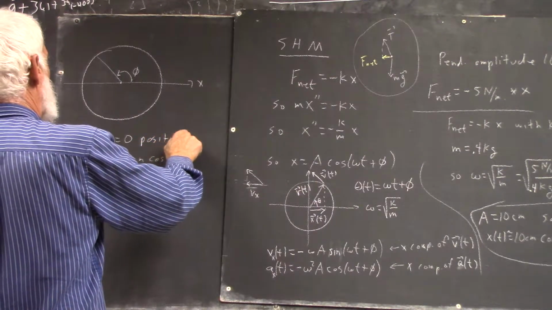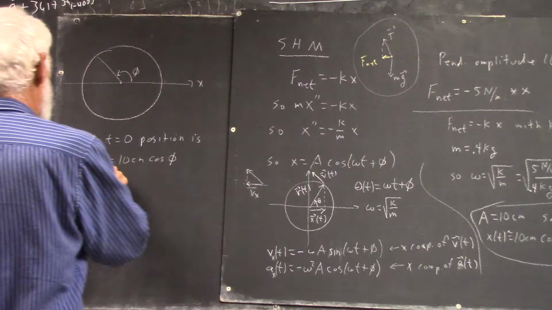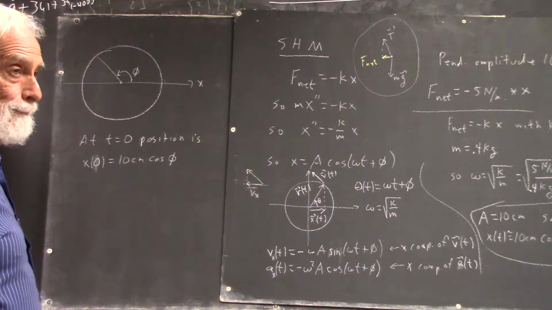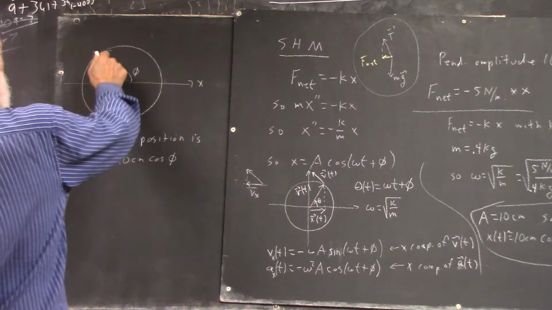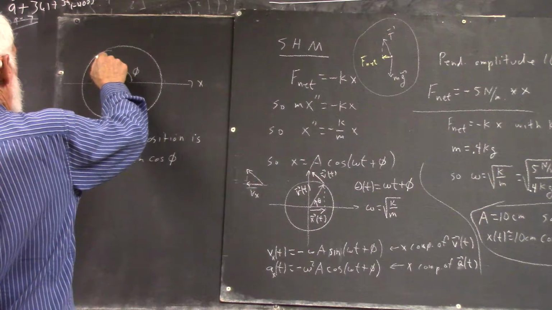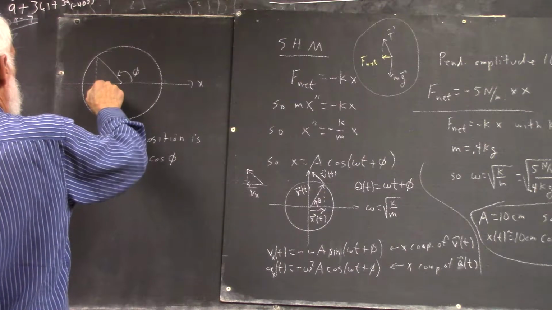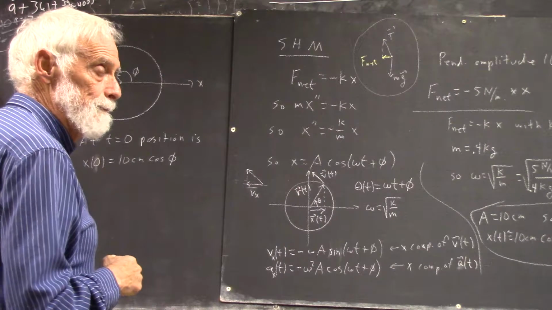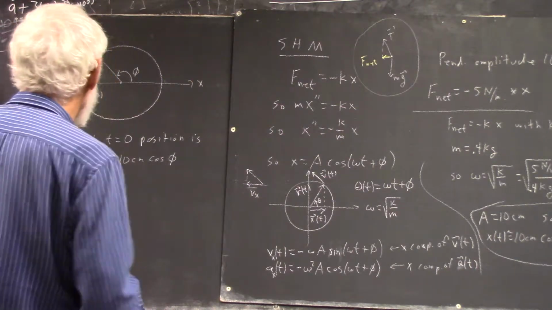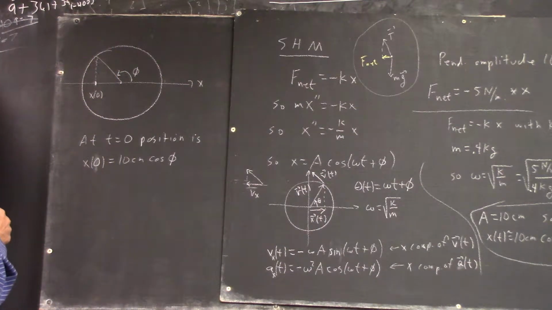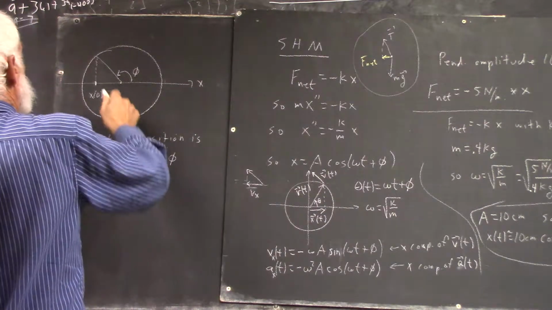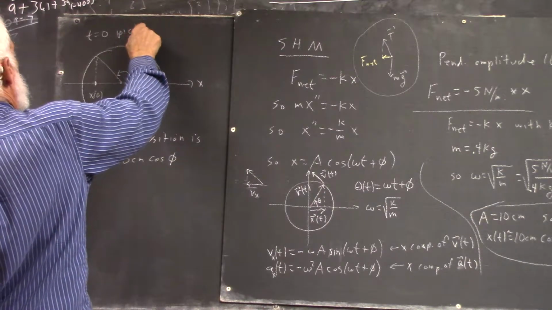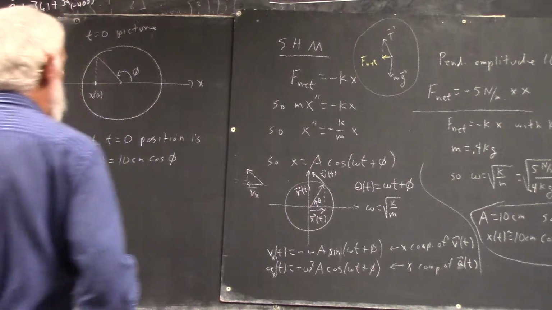Position x of 0 is 10 centimeters times cosine of phi. Okay? So what that tells you is that right here is x of 0. Okay? And this is the t equals 0 picture.